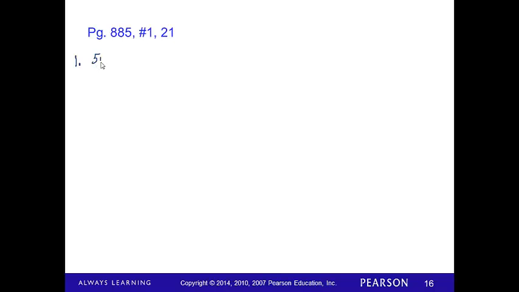So we have 5x plus 12y plus z equals 10. And then we have 2x plus 5y plus 2z equals negative 1.